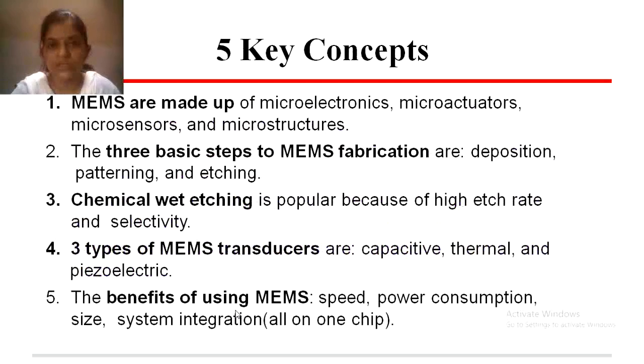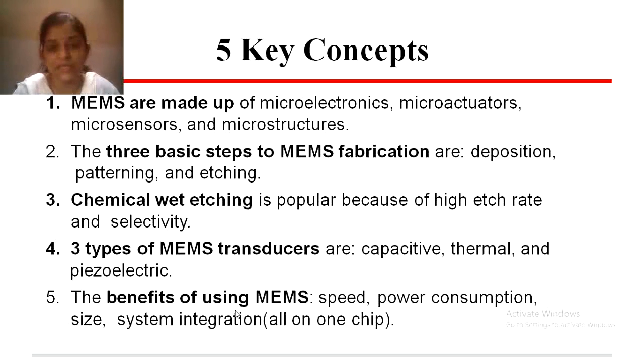Then what are the five key concepts that students must remember? MEMS are made up of microelectronics, microactuators, microsensors, and microstructures. These are the components of MEMS. Then three basic steps of fabrication: deposition, patterning, and etching. Then chemical wet etching is popular because of high etch rate and selectivity.